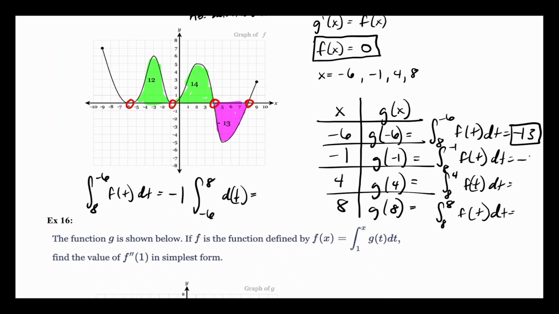Change the sign to negative 1. From 8 to 4, you got to do the same thing. So it's going to be this area here from 4 to 8. So 13, change the sign, positive 13. The last one is from 8 to 8. That's just 0.